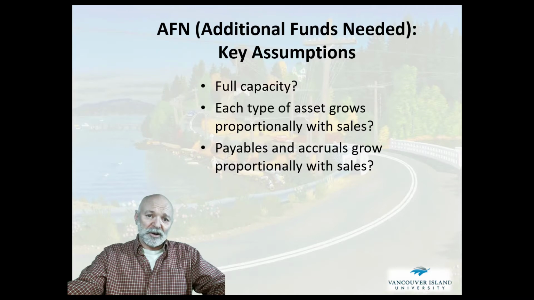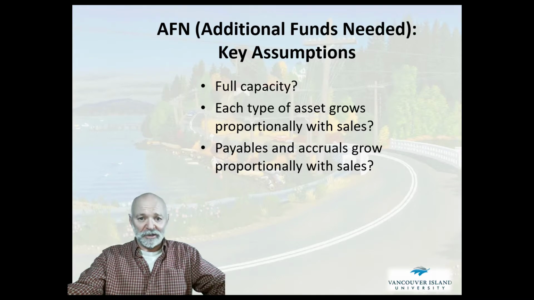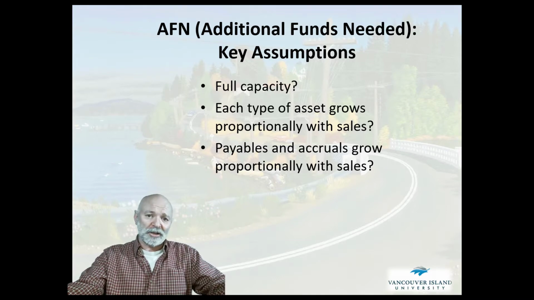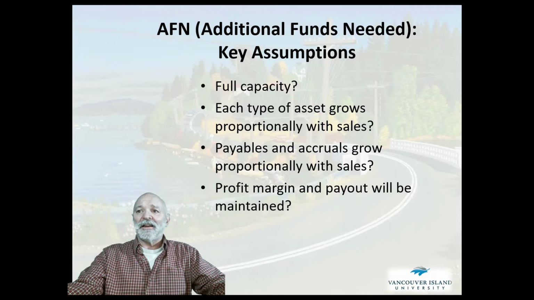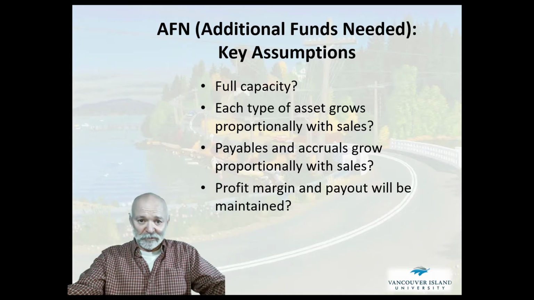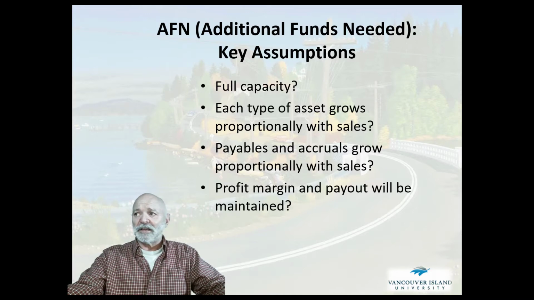We say that some of our expenses, and we'll describe these later as spontaneous liabilities, things like accounts payable and accruals, are going to grow proportionally with sales. That the profit margin and the payout will be sustained, and dividend payouts perhaps will be maintained.